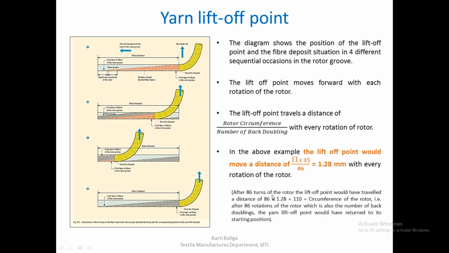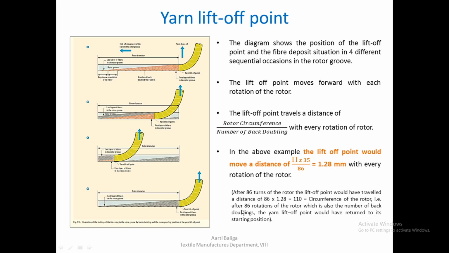So after 86 turns of the rotor, we can imagine where the lift-off point would have traveled. If with every rotation it travels so much, with 86 rotations of the rotor it would have traveled 110 mm, which is nothing but the circumference of the rotor, which is equal to, of course, pi d, the circumference.